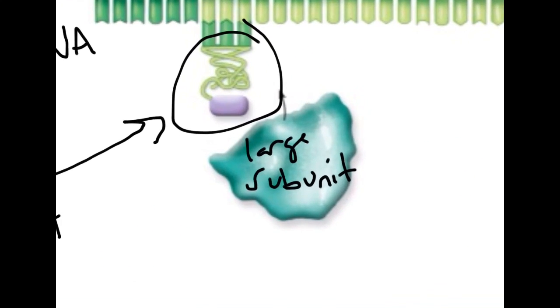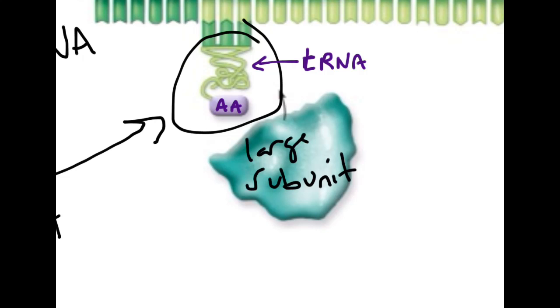When you look at them, that coiled up yellow part is the tRNA, and then this is the amino acid that they're carrying.